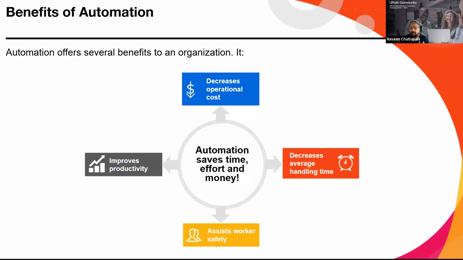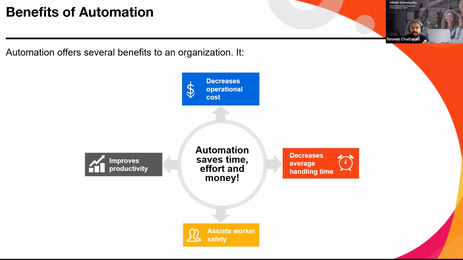That doesn't mean the humans are going jobless, but they are becoming more productive and doing additional tasks which really require some human intervention, and it decreases the average handling time. Previously, let's say I'll take an example of car manufacturing, right?